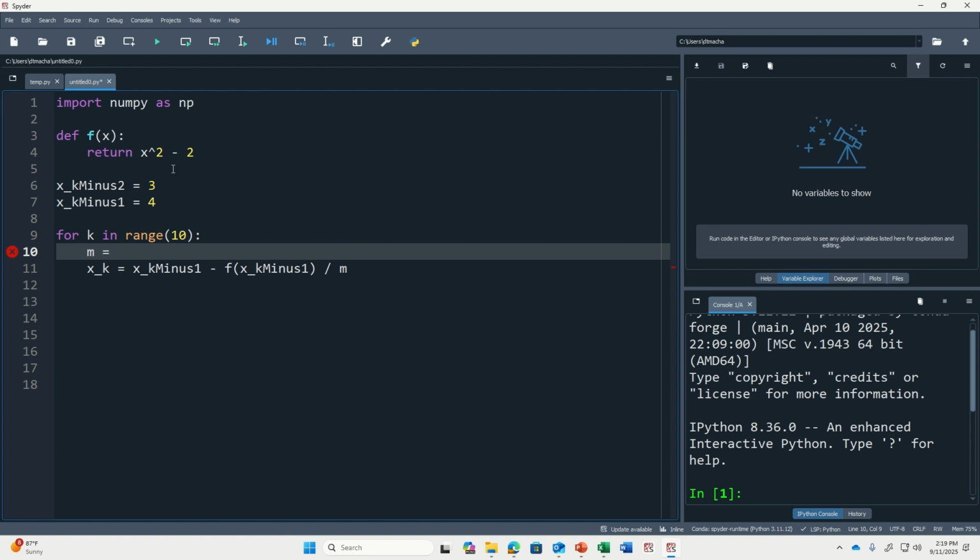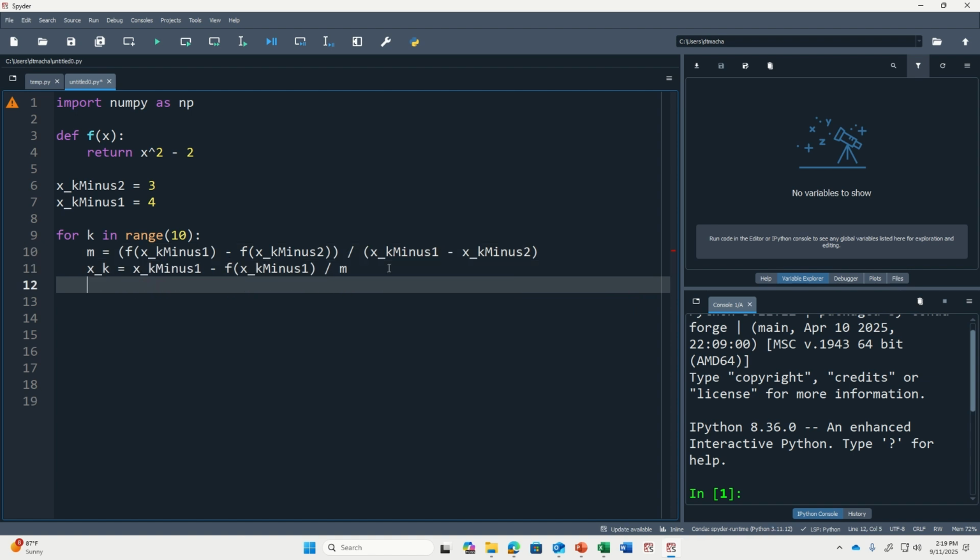Instead, I'm going to call a new variable m and define it as f of x sub k minus 1 minus f of x sub k minus 2, divided by, and I forgot my parentheses, so I have to go back and put them in, divided by open parentheses x sub k minus 1 minus x sub k minus 2. And then I've calculated my new iterate.